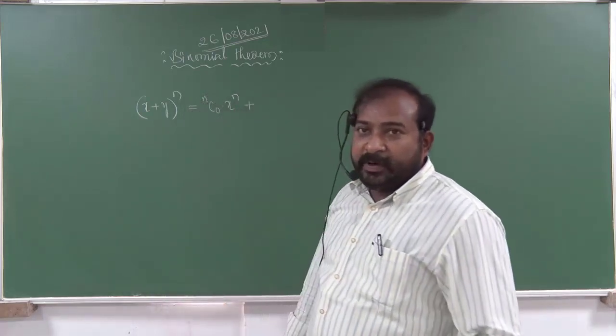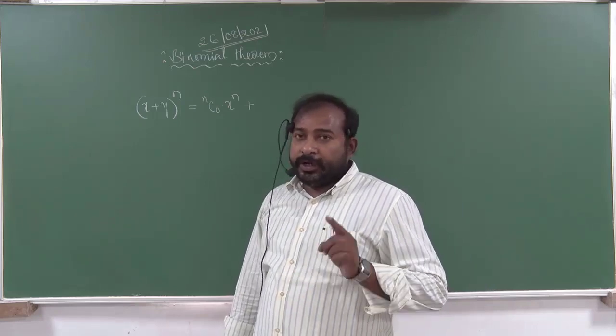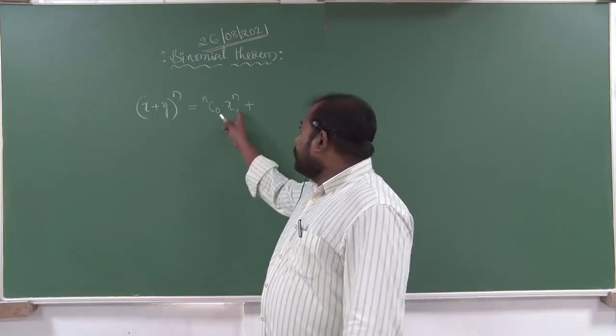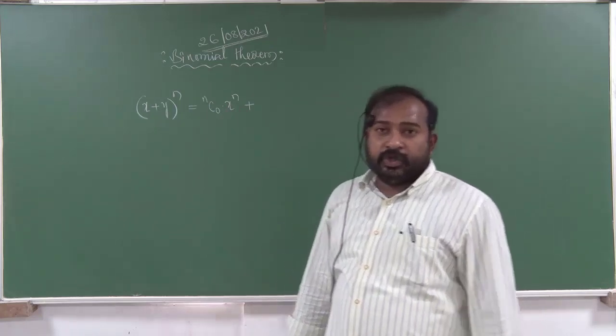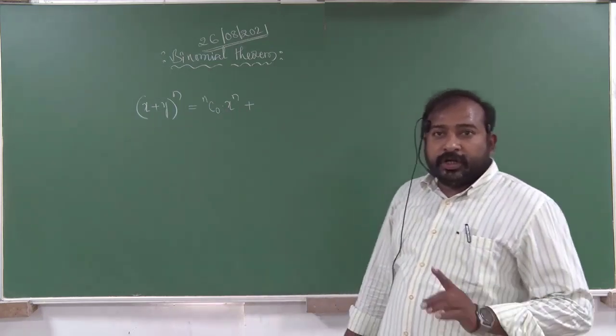The x highest power you will get, gradually the x power value is reduced by 1, and in the beginning term y power 0 you will get. Slowly the y power value increases up to the greatest value.